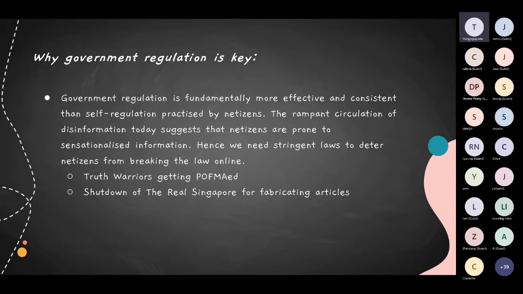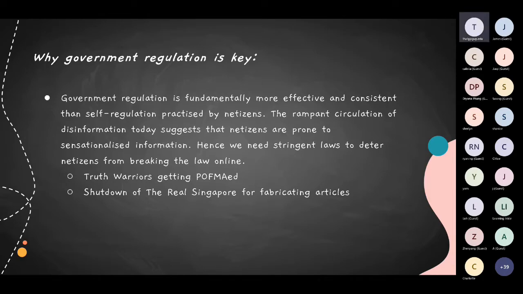We had this social media platform, just like The Online Citizen or Mothership. This one is called The Real Singapore. The Real Singapore got shut down for fabricating articles. If I'm not wrong, I believe it was because they had put up a few articles alleging that a Filipino family was complaining about the smell of the neighbours' cooking.